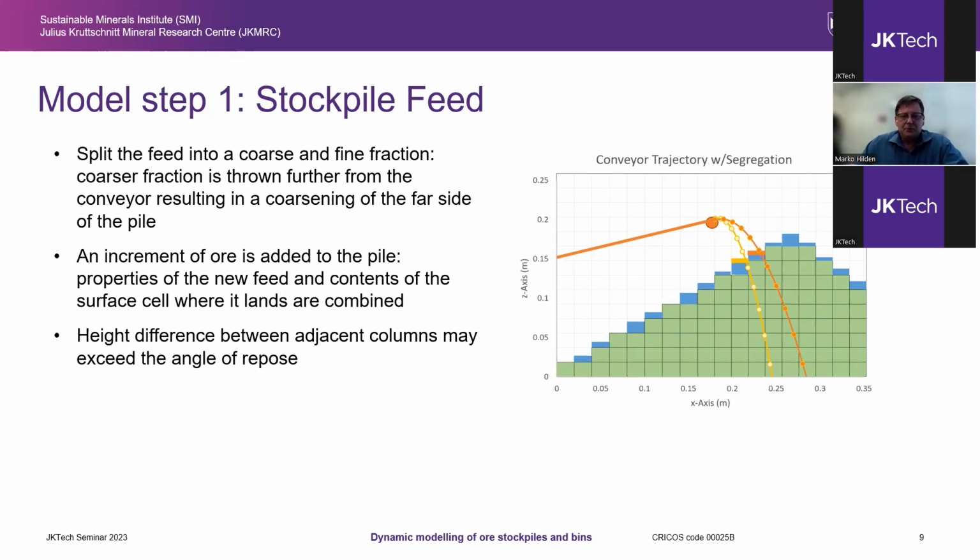We combine the properties of these feed increments with the properties already at the surface cell where they land. When this is done, there's a high chance that the height difference between these columns and the surrounding columns exceed the angle of repose, and therefore the surface is unstable.